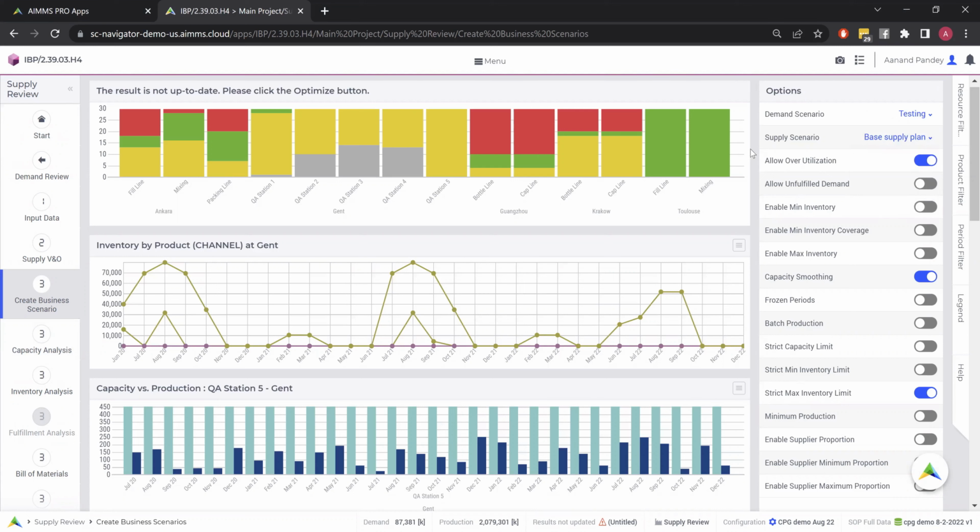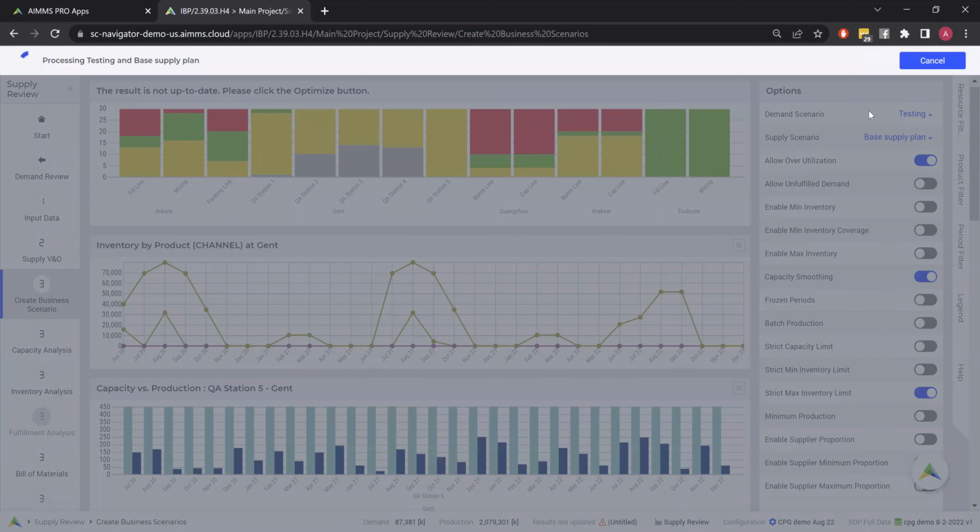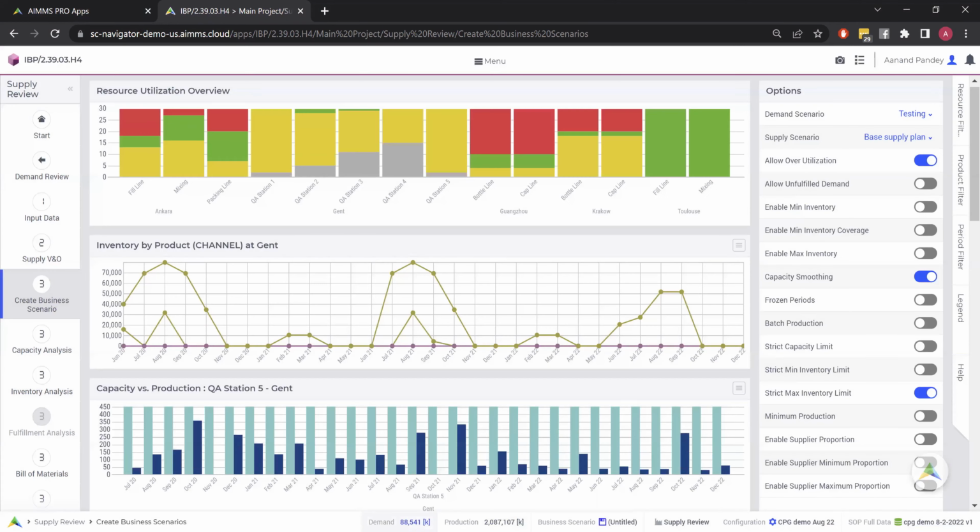So we can see there is a particular production amount that is being created as a previous scenario, as well as certain demand outputs. So we can see that our demand output is 87,000 currently. If we now consider the new demand scenario, we can quite quickly start understanding how our demand changes. So now we have to satisfy 88,000 units of demand.